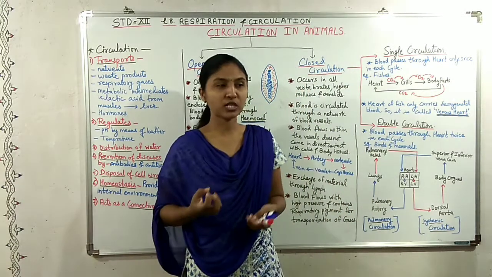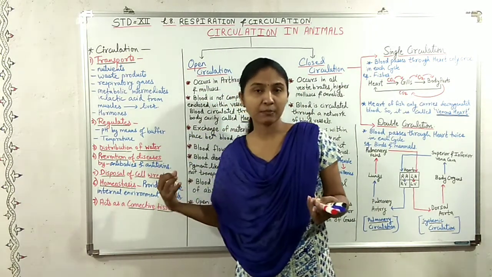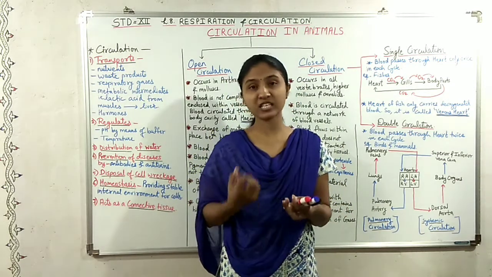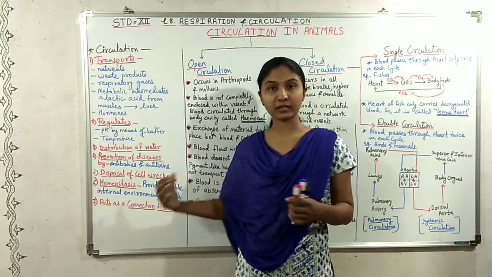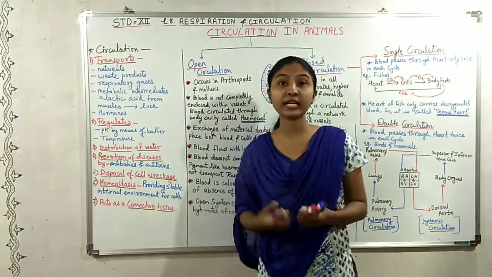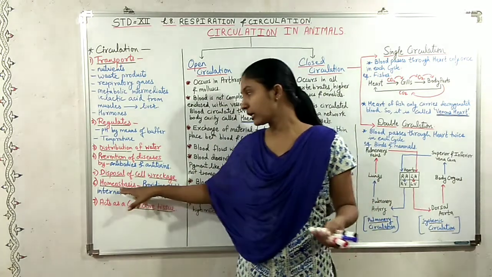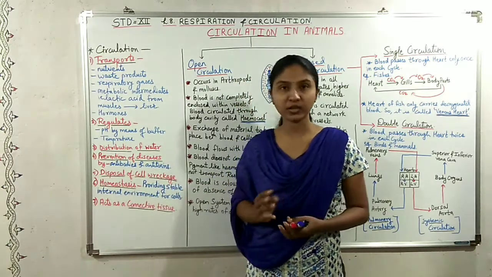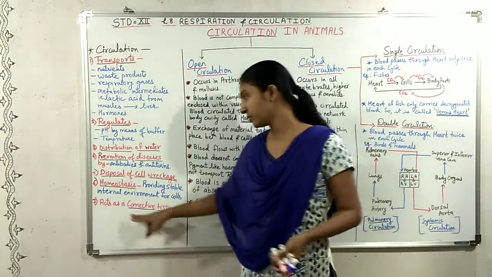In this, the internal physical and chemical conditions of the cell are maintained by the circulatory system, are maintained by the blood. So here the homeostasis is done by the circulatory system.